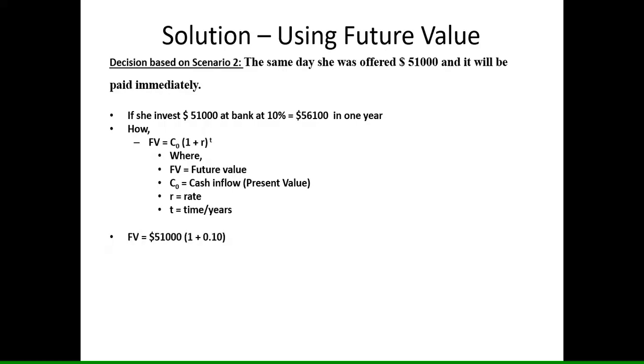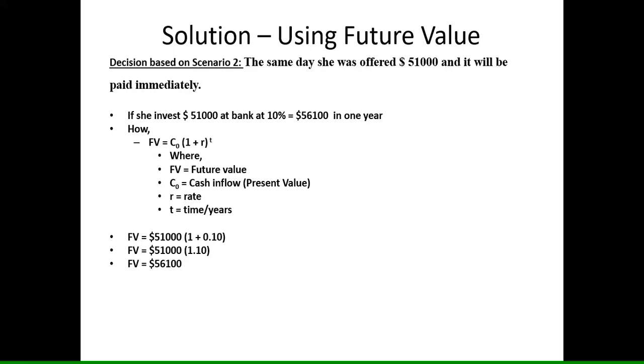Future value equal to present value, which is in our hand now. Assume hypothetically in our hand now $51,000, into (1 plus R) power T. 1 plus R is 0.10, T is 1 year. The result will be how much? Future value after 1 year will be how much?